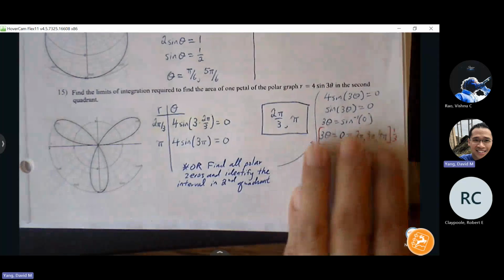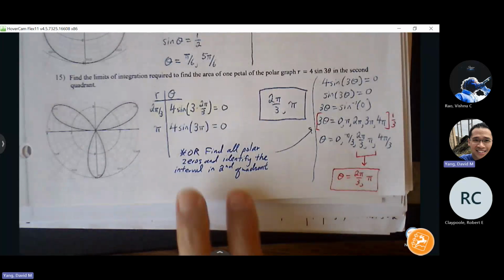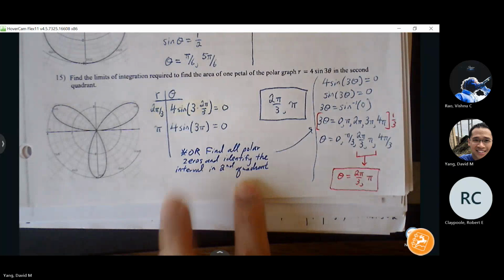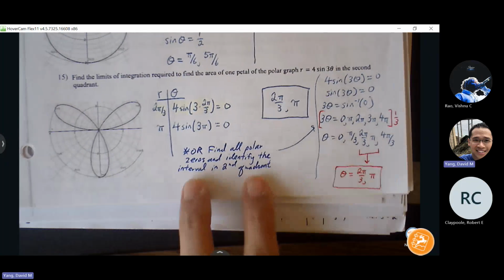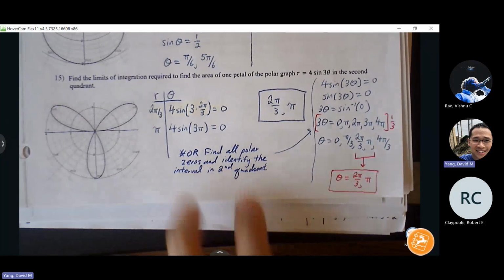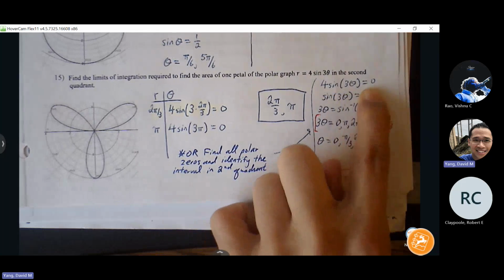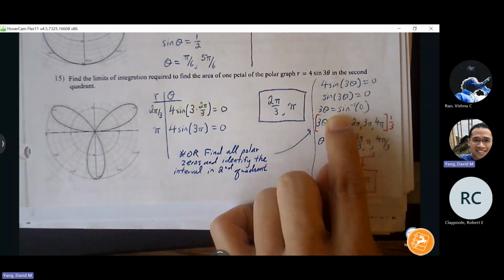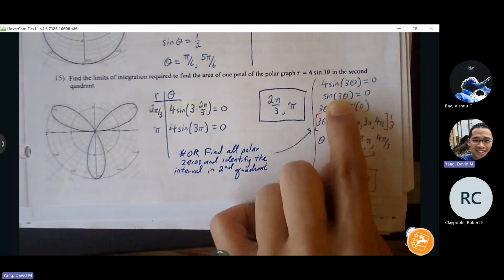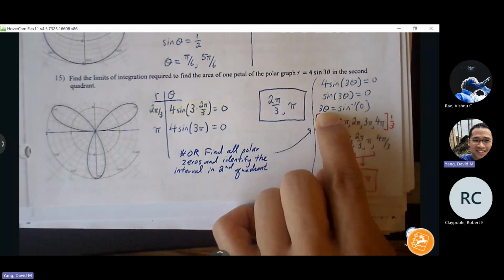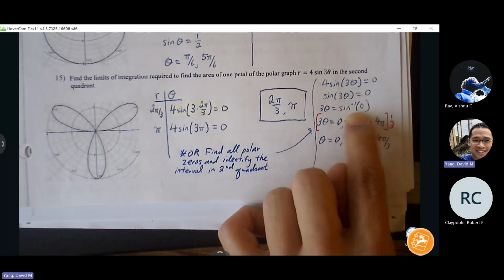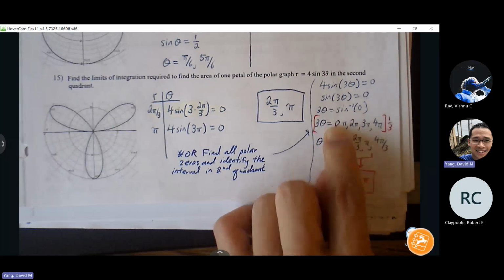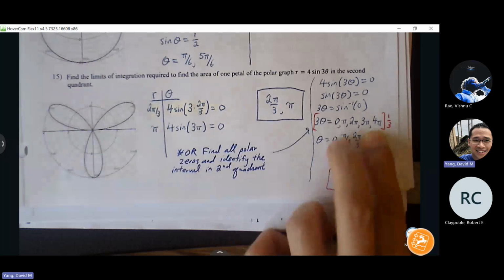But another way we can do this is, why don't we just find all the polar zeros, and then identify all the intervals that are in the second quadrant. So we can set 4 sine 3 theta equal to 0, divide by 4, and take the inverse sine to get 3 theta by itself. In other words, where is sine equal to 0? Sine is equal to 0 at 0, pi, 2 pi, 3 pi, 4 pi.